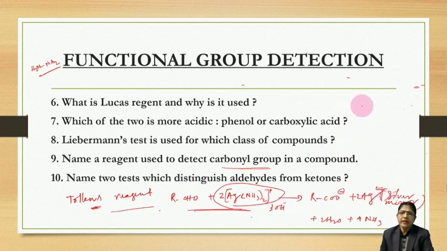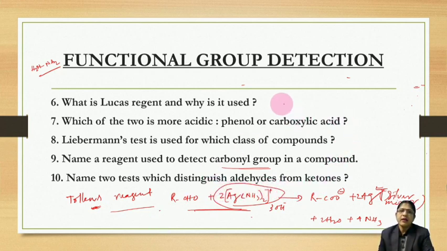Then another one, Fehling test. Fehling solution is Fehling A and Fehling B, right? Fehling A is what? An objective question may be asked. Fehling A is aqueous copper sulfate, and Fehling B is alkaline sodium potassium tartarate, also known as Rochelle salt. Then aldehydes give which color? Red brown precipitate.